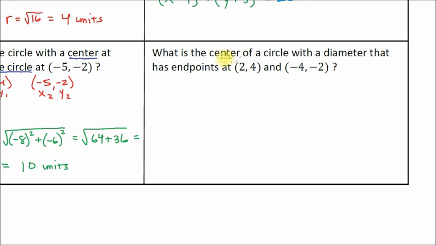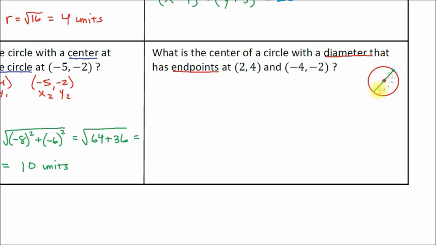What is the center of a circle with a diameter that has endpoints at (2, 4) and (-4, -2)? All we got to do is remember, class, what diameter is. Let's go ahead and draw that. So if I've got a circle here, and this is my center point, then a diameter crosses exactly through my center point and touches 2 points on my circle.